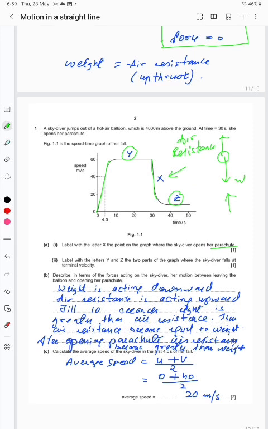And after 10 seconds, the two forces get equal. And when air resistance and weight get equal, the object moves with constant speed because there is no resultant force causing acceleration.